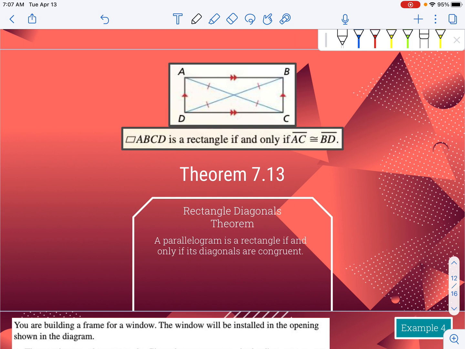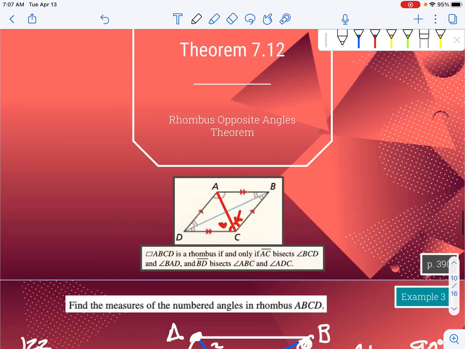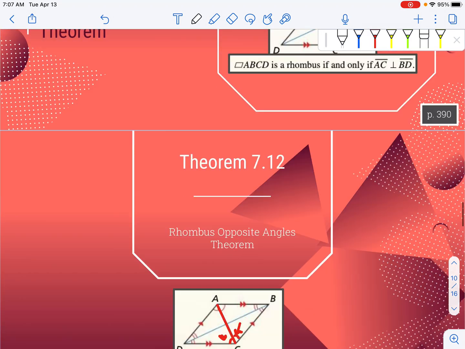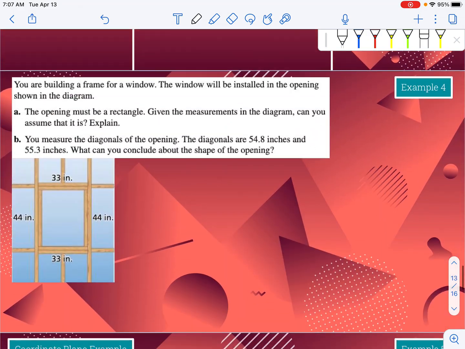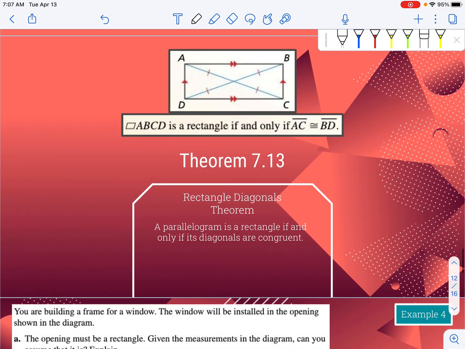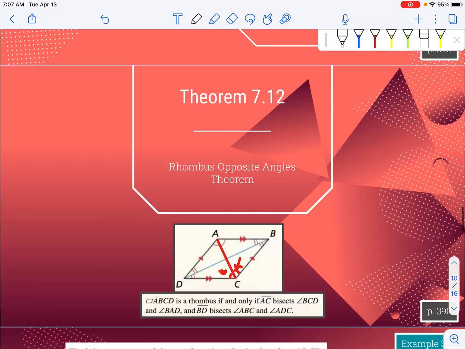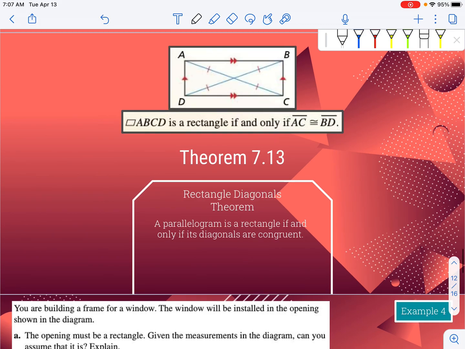That's where we're focusing these last few theorems. The first couple theorems dealt with a rhombus and the diagonals in a rhombus. And then this one deals with the diagonals in a rectangle. Now it's important to remember that a square is a type of rhombus, so these would also be true for a square.